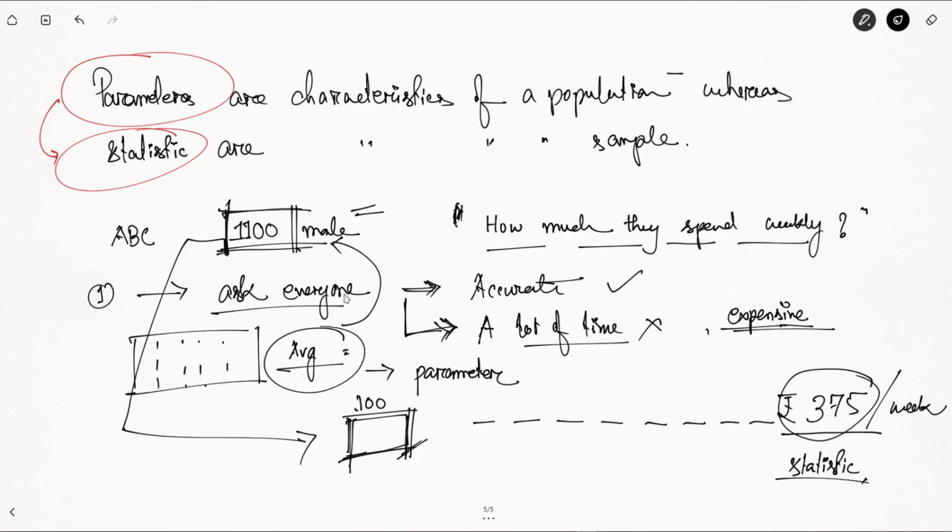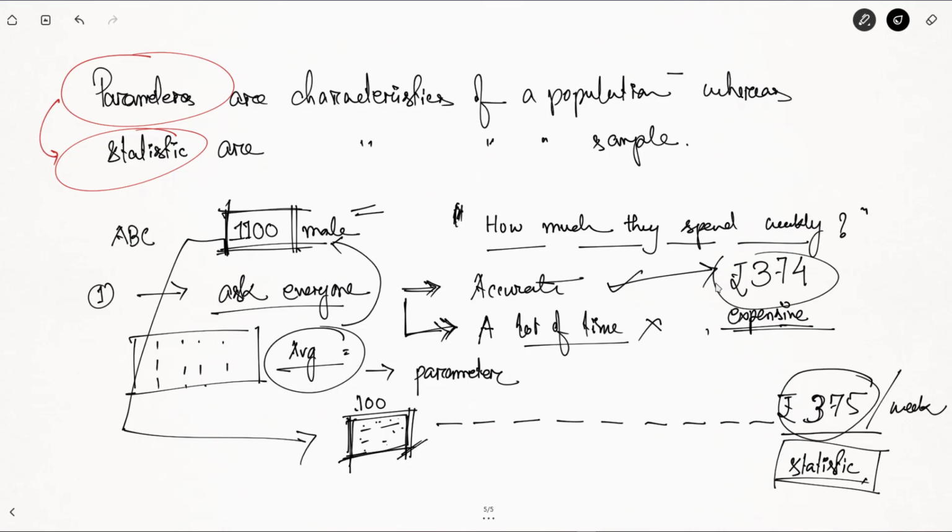Let's say if you asked everyone and calculated the accurate average weekly expense, it is 374, right? And from these 100 you got 375, so they are very close. So theory suggests that if you are serious in collecting the information, and the sample is chosen properly, then the value of the statistic is very close to the actual value.